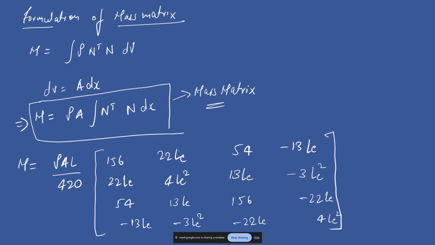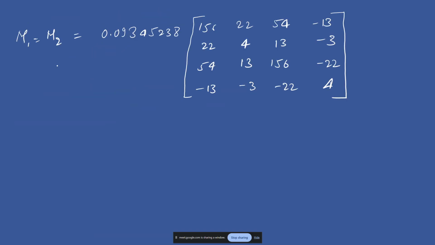So this is your stiffness matrix at local level, and this is your mass matrix at local level.